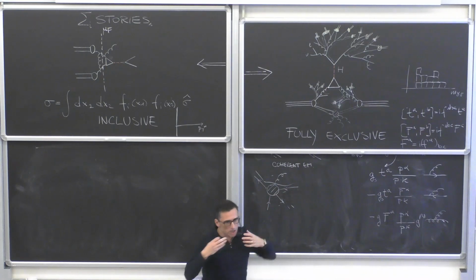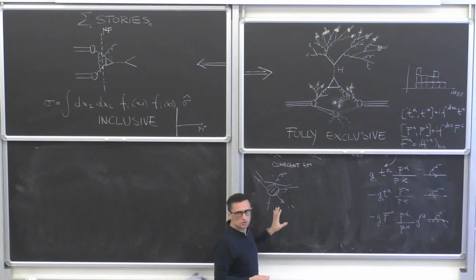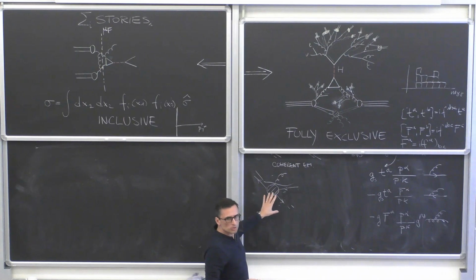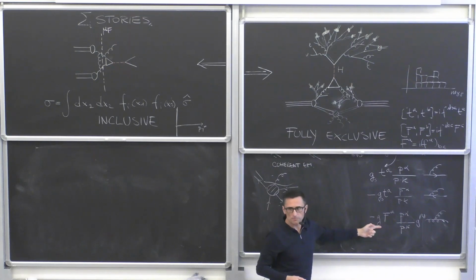And the soft radiation, by definition, is a coherent process. So there is no sense in which a gluon is really attached to either of the external particles. What the gluon is attached to is the color flow of the particles themselves because of the matrices here.